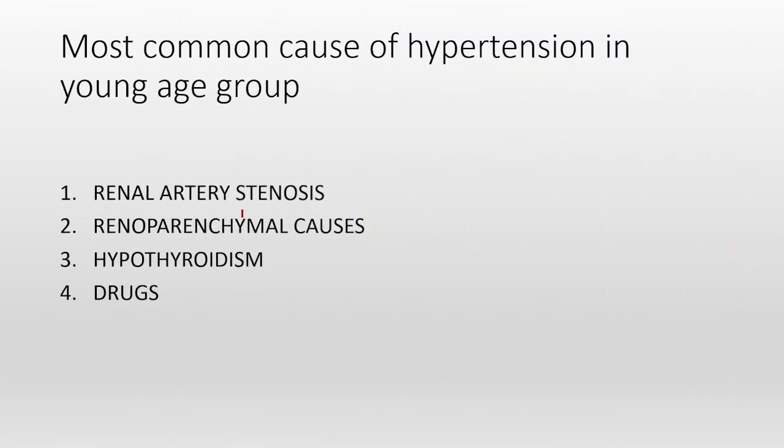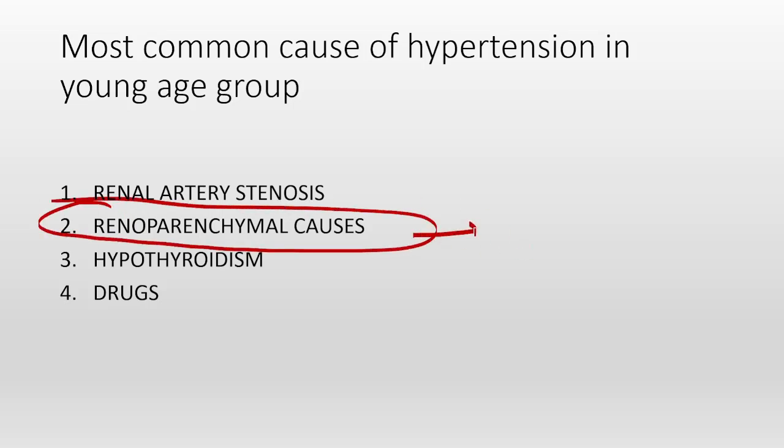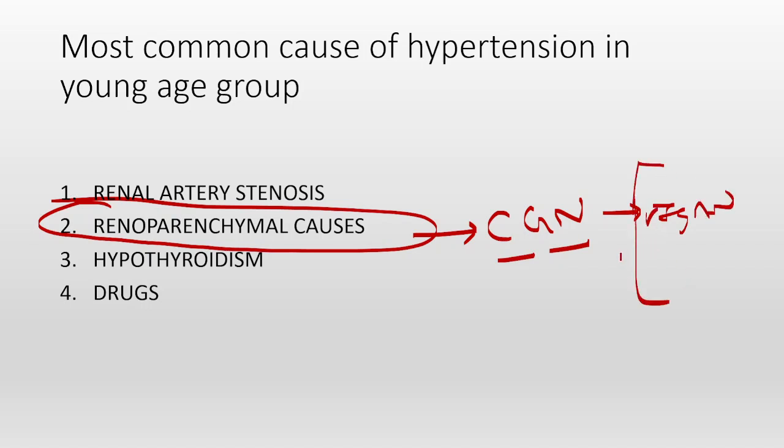Most common cause of hypertension in the young age group is not renal artery stenosis, it is renal parenchymal causes. Renal parenchymal causes include all causes of chronic glomerulonephritis, under which come IgA nephropathy and any glomerular condition; even minimal change disease is a glomerular condition. Nephro terminology is a bit confusing; at least half of the medicine residents might treat chronic glomerulonephritis, IgA nephropathy and MCD as different entities.